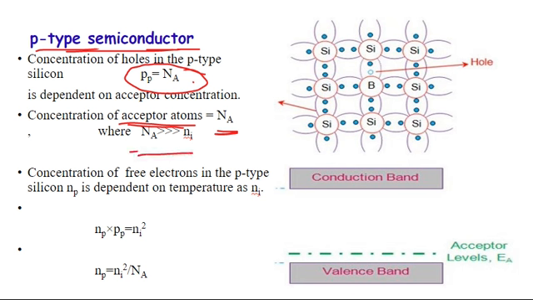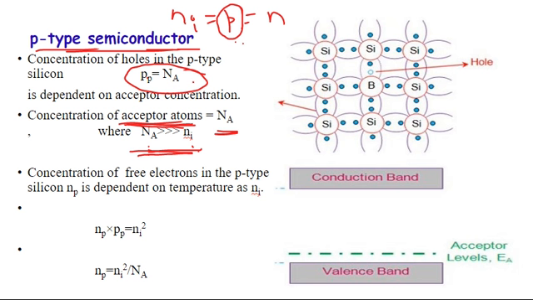In the same manner, as P is greater than Ni, since Ni is equal to P is equal to N in the intrinsic case, the number of holes is more here, so P is more than Ni, and the acceptor atom concentration Na is also more than Ni.